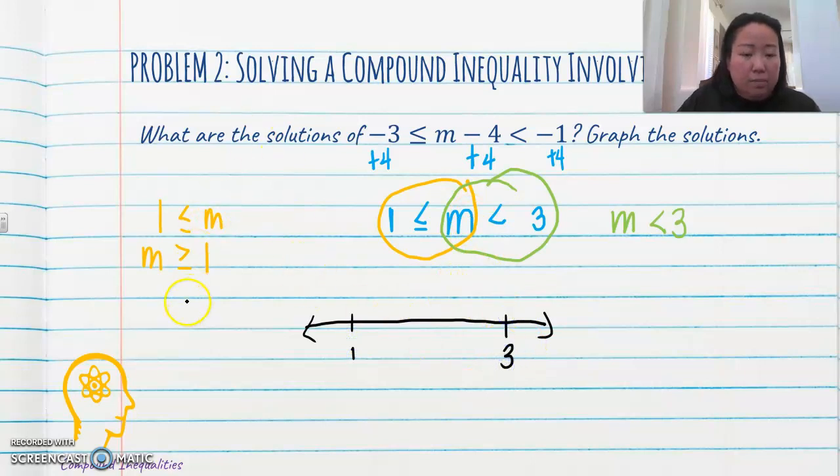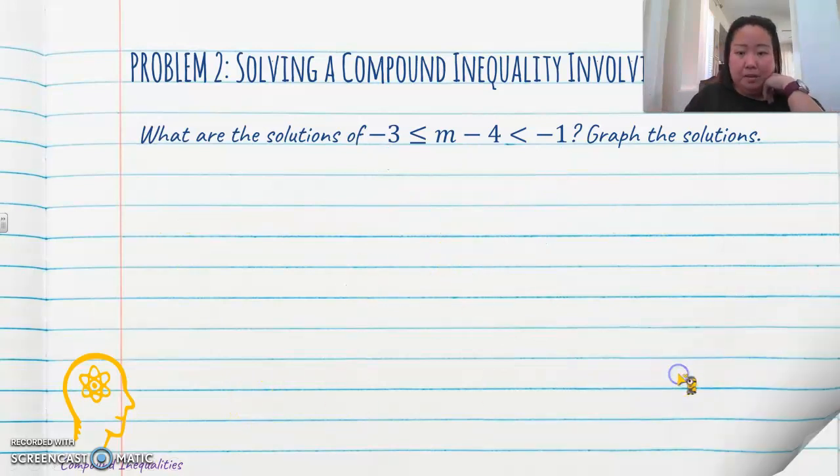You have greater than or equal to positive 1, so it's going to be a solid dot on positive 1, going to the right. As for 3, it's a less than, so it's going to be a hollow dot on 3, going to the left. And so you can see that they will get connected. That's how the graph would look like.